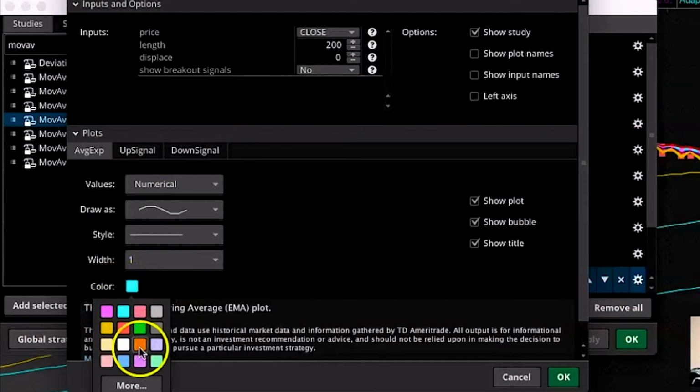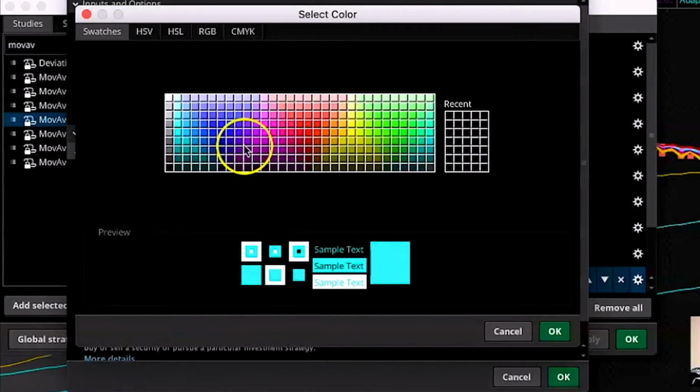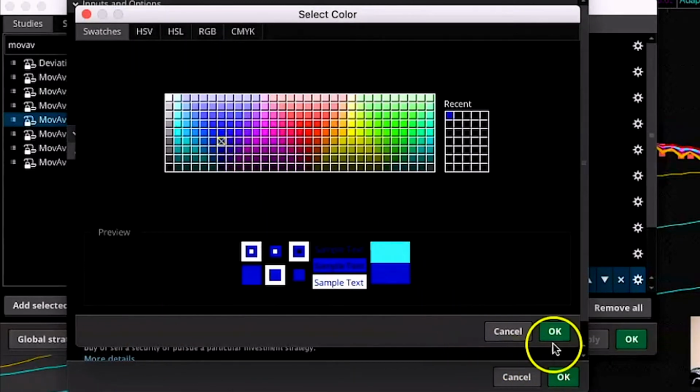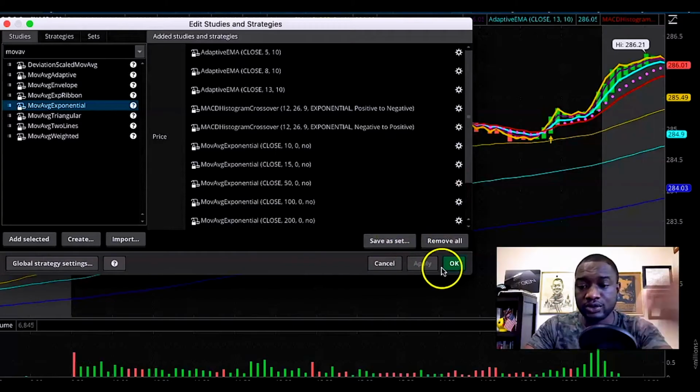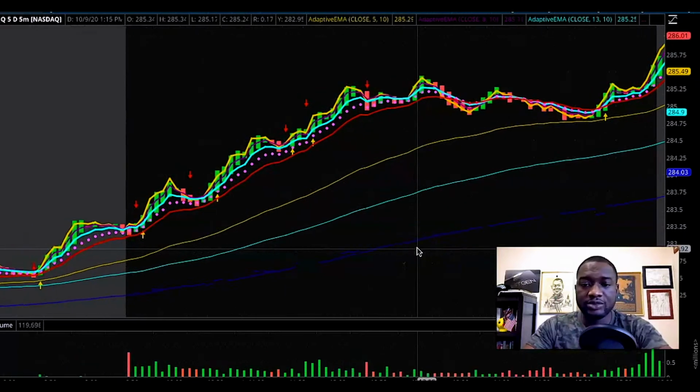So that's why I like to keep an eye on it as well. And you'll see why, because sometimes a stock can go all the way down to the 200 and bounce off the 200 to go back up. So that's pretty much it.